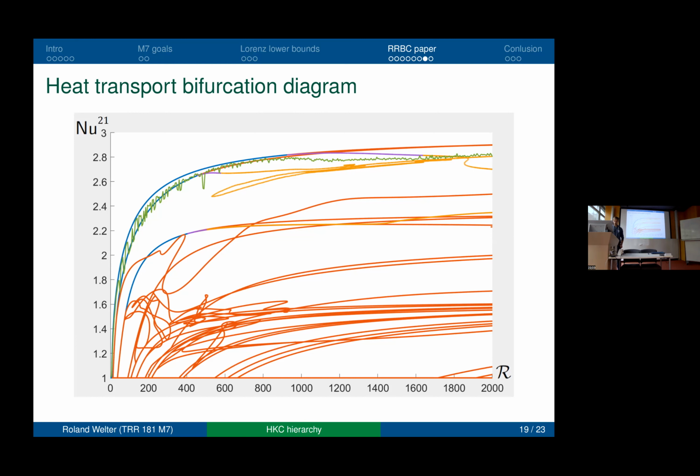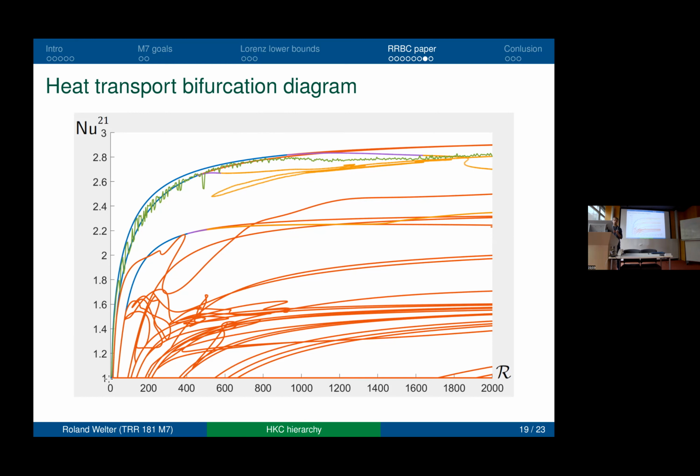And I reduced the size of the Rayleigh numbers that I was considering so that this HKC21 model should be a good approximation of the PDE in this range of Rayleigh numbers. And so I plotted a bifurcation diagram where we start from the origin, and then we just track these fixed point solutions.